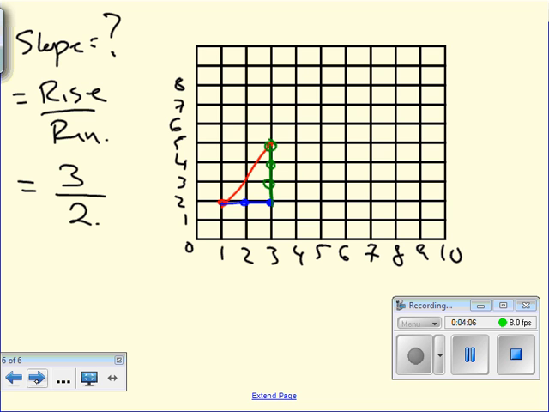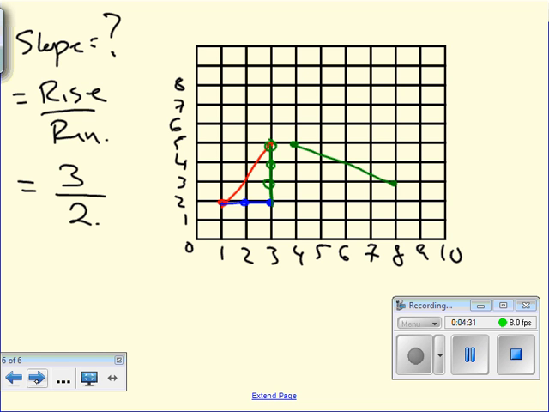Let's say I had a different line. In this case, I'm starting from 4 and 5, and I'm going down to 8 and 3. So this is giving me a line, and it's going to be a negative slope because I'm going down.